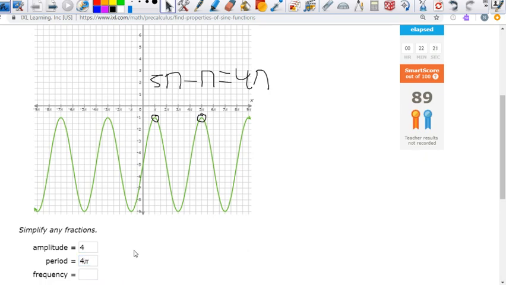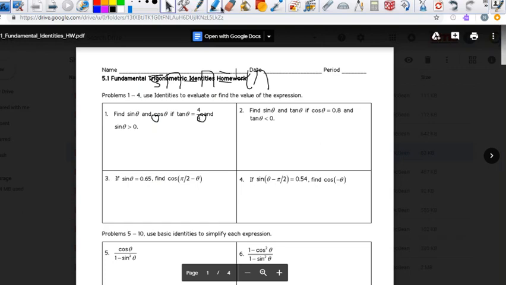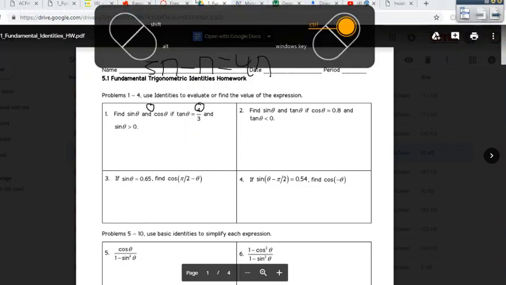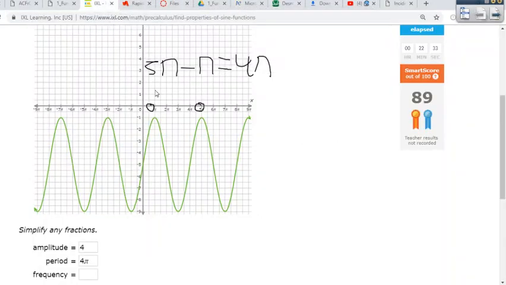And our frequency, that's 1 over the period. Oh, that's not good. So our frequency is 1 over the period.